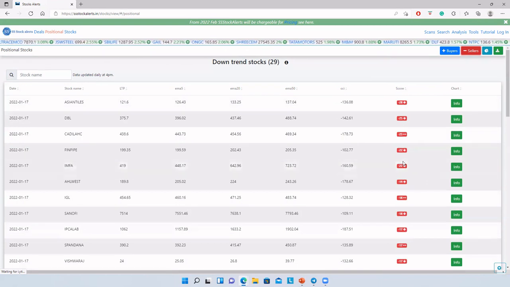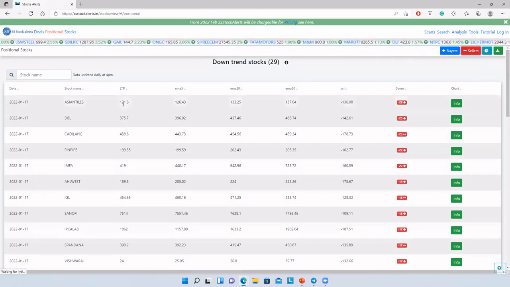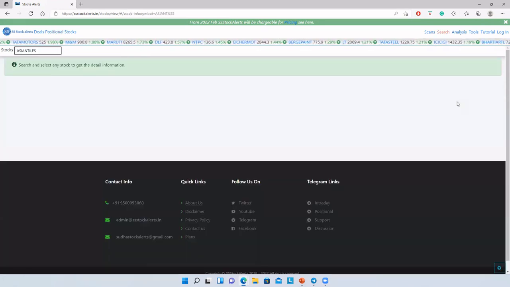Even if you see these EMA indicators, the price is 120 and trading less than 135, the EMA 50. That means the stock is trading below the 50 days moving average, below the 20 days moving average, and below the EMA 5 also. When the stock price is above the EMA, that is bullish. When the stock price is below the EMA, that is bearish.